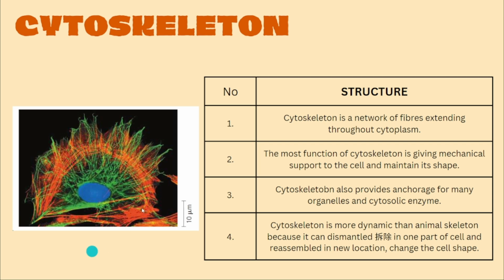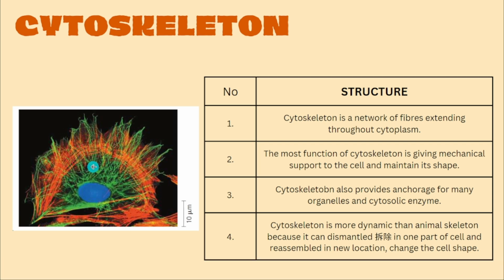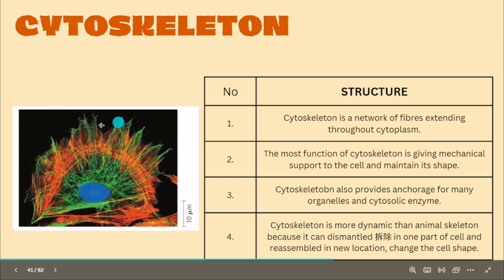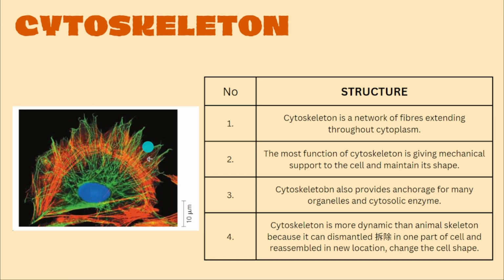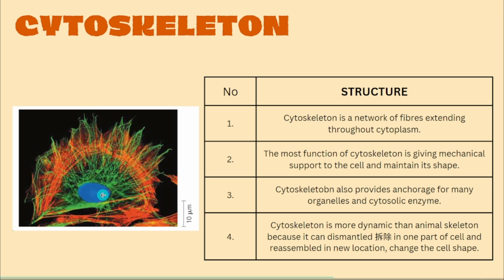If you see this diagram, it is under one of the light microscopes, a fluorescence microscope. All of these, you can see, we call the cytoskeleton. All of these support our organelles. This blue color is the nucleus.